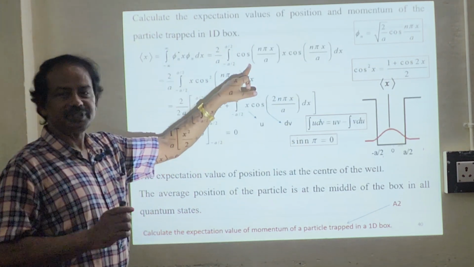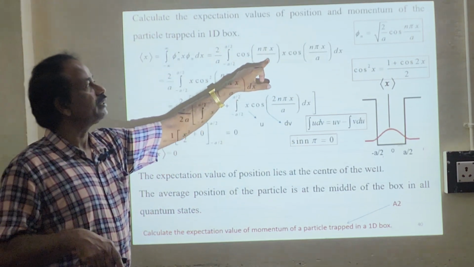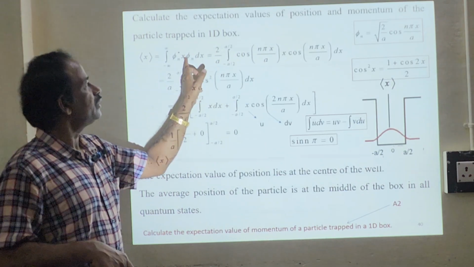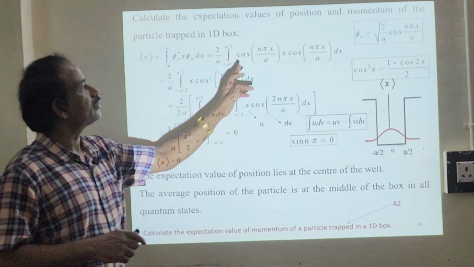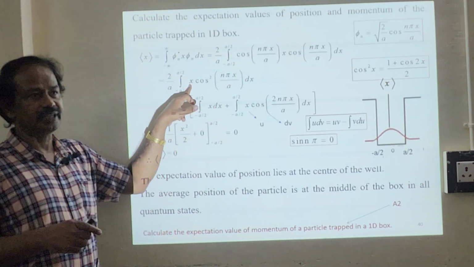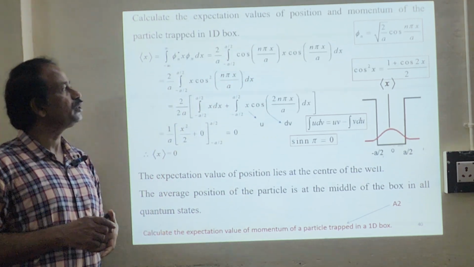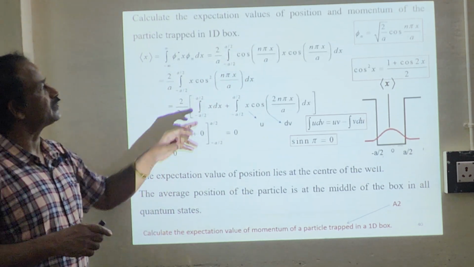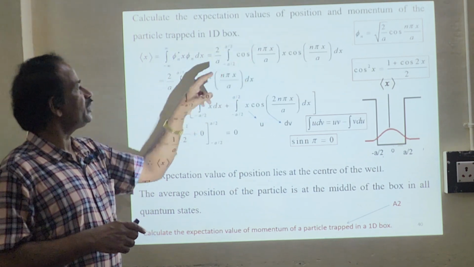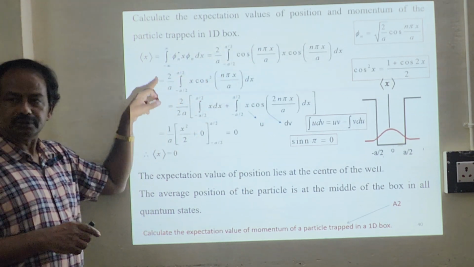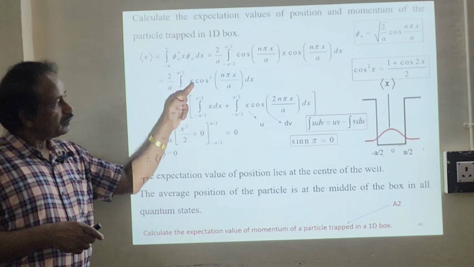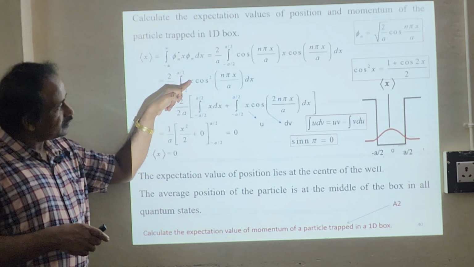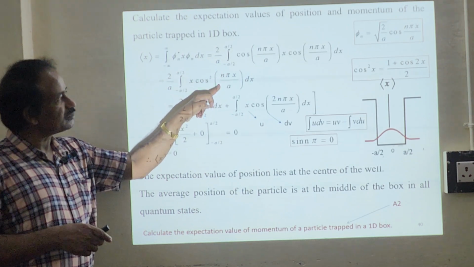So phi n star will be the same thing, cos n pi x by a, and x is here, again cos n pi x by a. That will give you cos squared. So x into cos squared n pi x by a dx. And you have root of 2 by a multiplied by root of 2 by a, which gives 2 by a. So you have 2 by a, and here x cos squared n pi x by a.